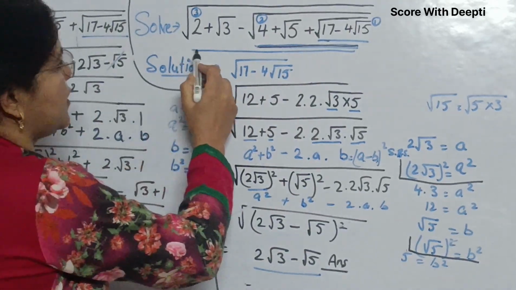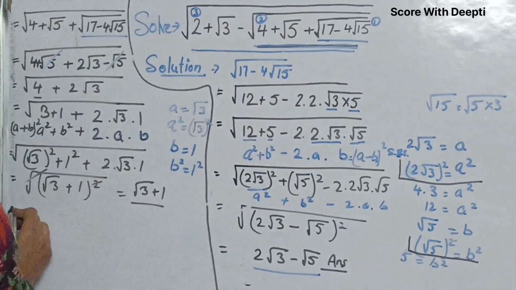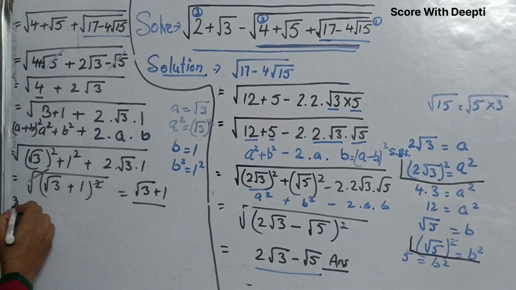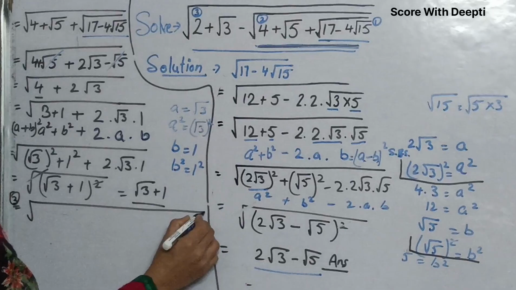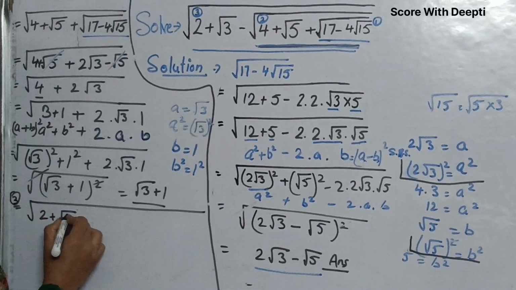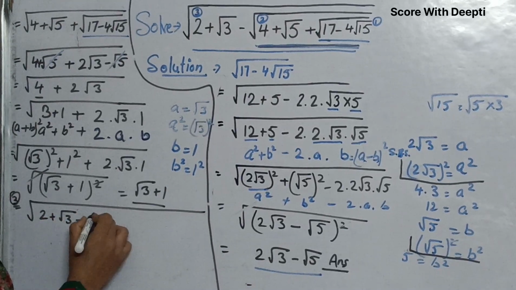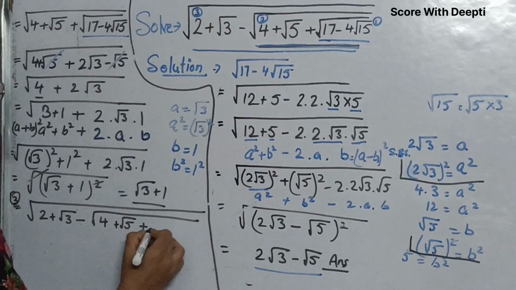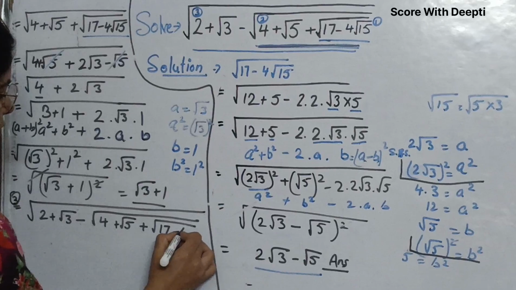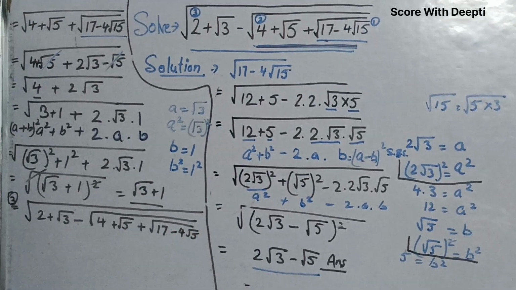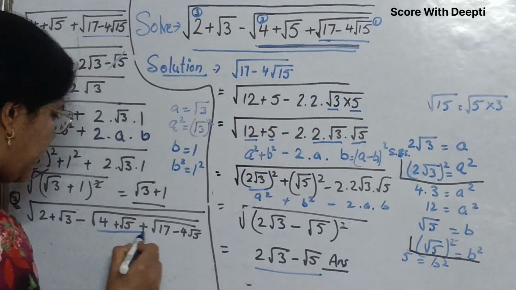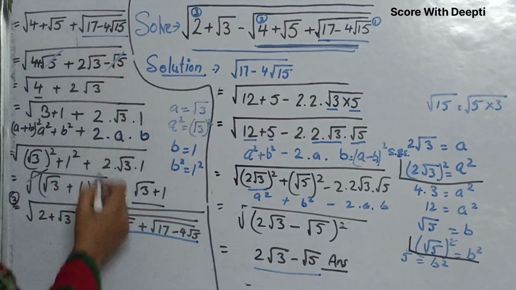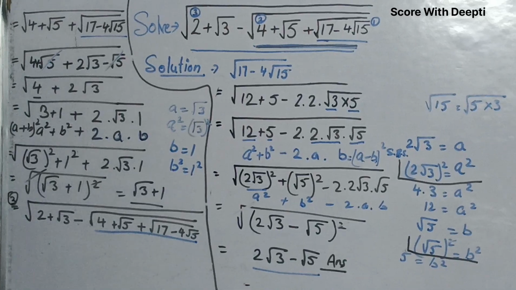Next we solve the third term, the last term. First we write this term: square root of 2 plus square root of 3 minus square root of 4 plus square root of 5 plus square root of 17 minus 4 square root 15. In place of the inner part, we have already solved this and got square root 3 plus 1.